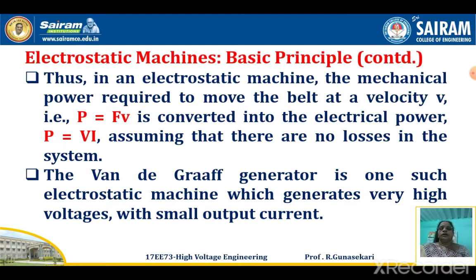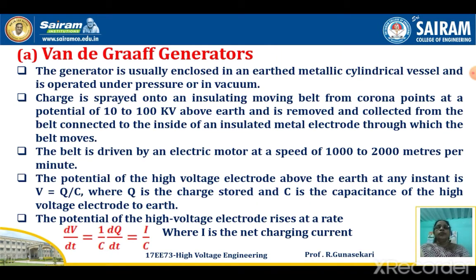Under electrostatic machines, I already told you two types of generator are there: one is Van de Graaff generators, another is electrostatic generators. The Van de Graaff generator is one such electrostatic machine which generates very high DC voltages with a small output current. Now we study the Van de Graaff generators in detail.